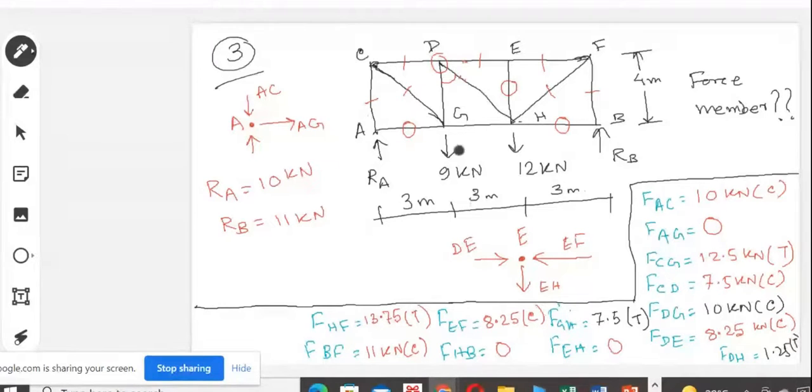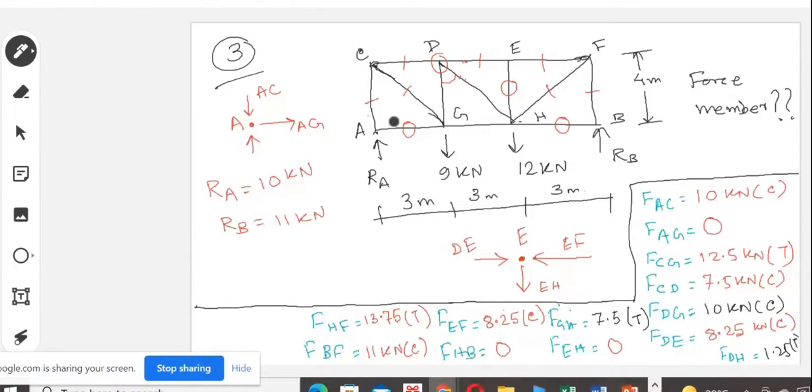Okay. So before that, let me tell you that here we have been introduced to a new kind of property for this truss analysis. That is, some members will carry zero force, and those are called zero force members.